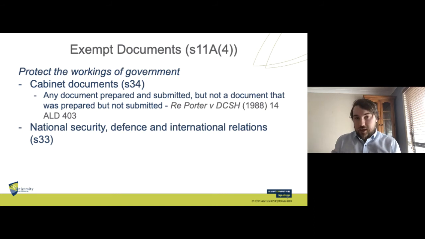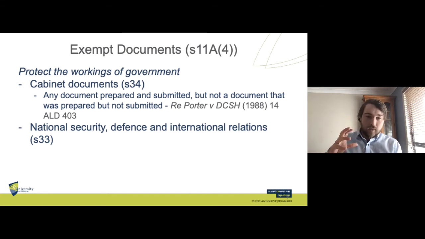The tricky thing is that we sort of, as a loophole's not the right word, but as a way of protecting documents that the government doesn't want released, the classic image or the stereotype is wagons of documents being wheeled up into the cabinet room and just being stamped cabinet all over them so that they can't be released, even if cabinet doesn't really end up considering those documents.